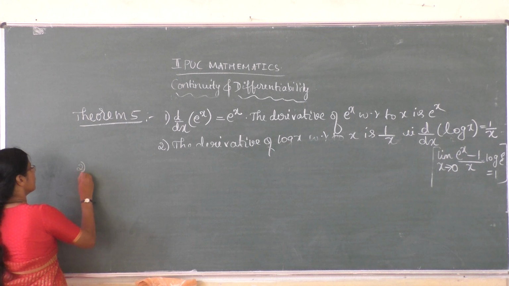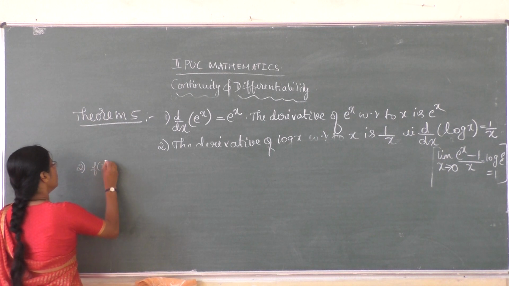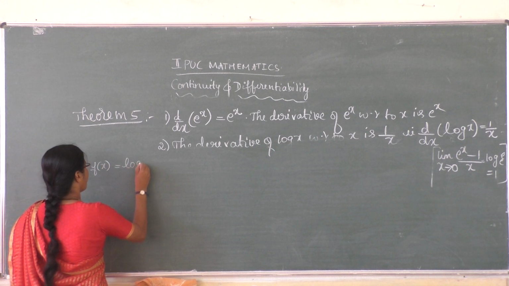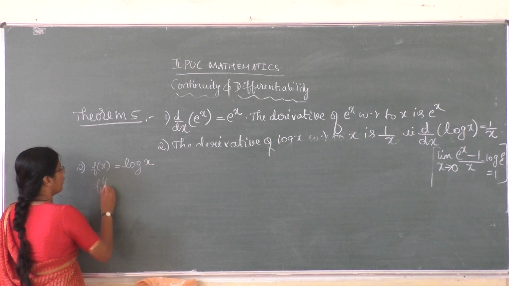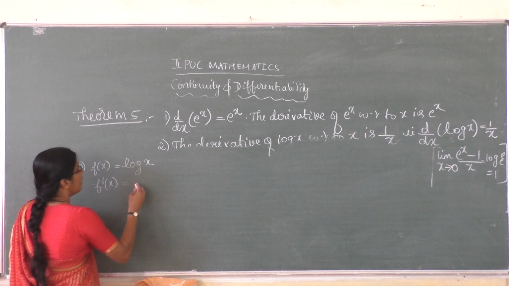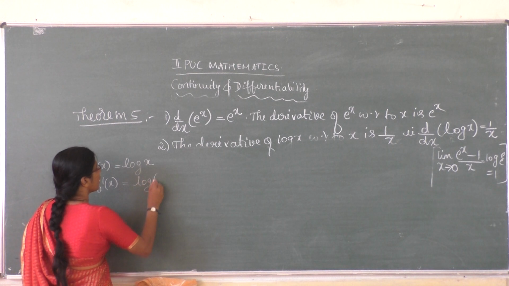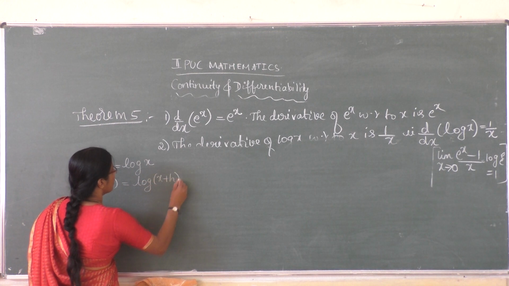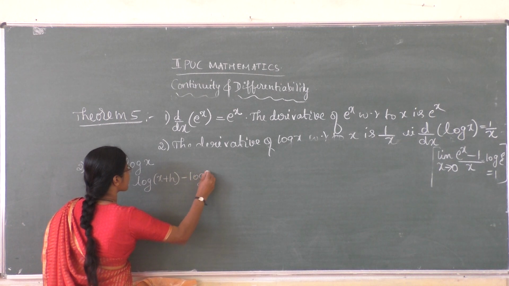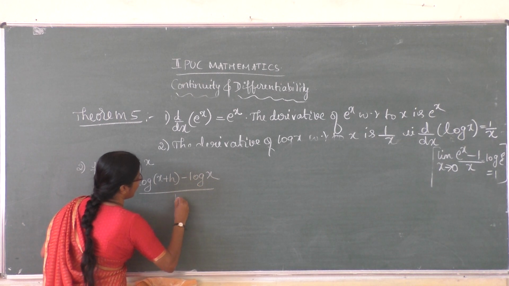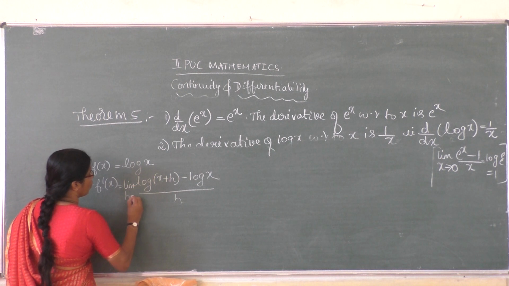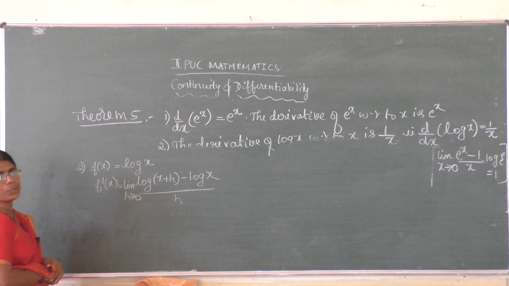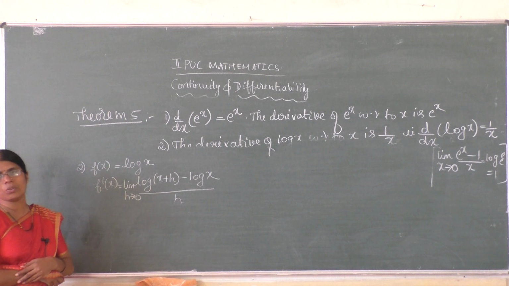So f dash of x by definition is (log (x plus h) minus log x) divided by h, where the limit is taken as h tends to 0.